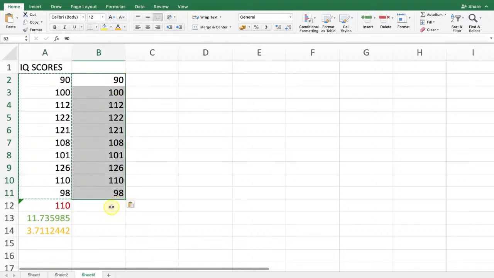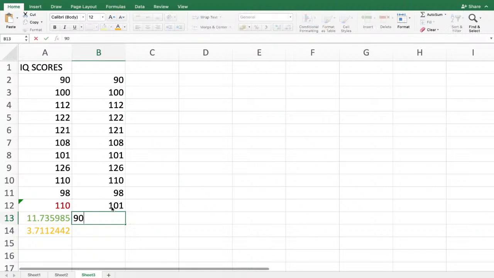Then add other values, like let's say 101, 90, 113. So how many values do we need? I added 101, 90, 113. Let's say another value, 100.